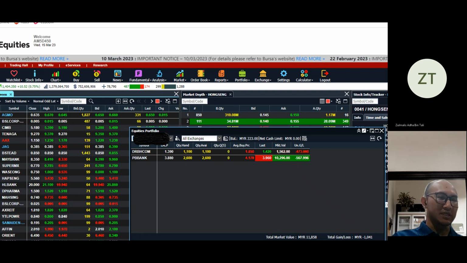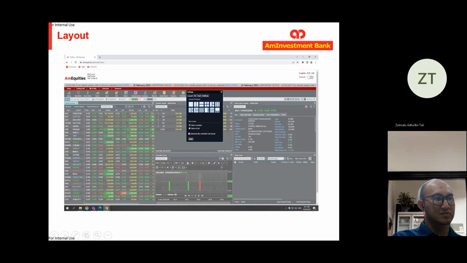So everyone will see their unrealized gain and loss not very tally because of the default setting in the portfolio system. You still can view how many shares you have available and the last adjusted closing price. All right, cash balance.